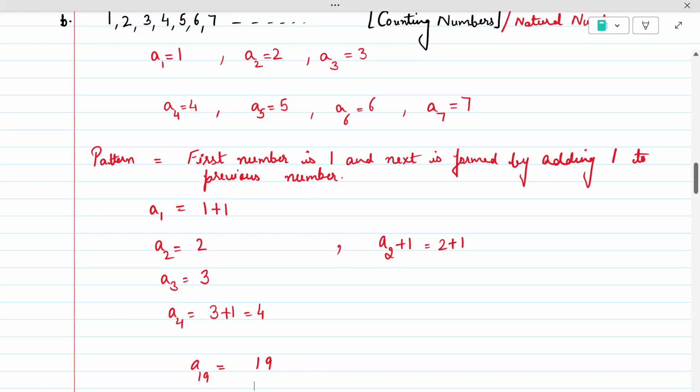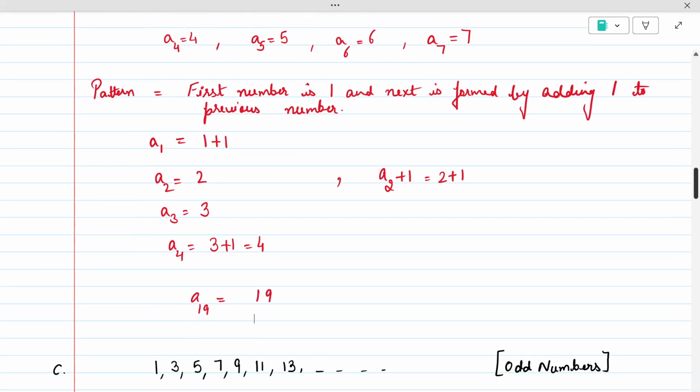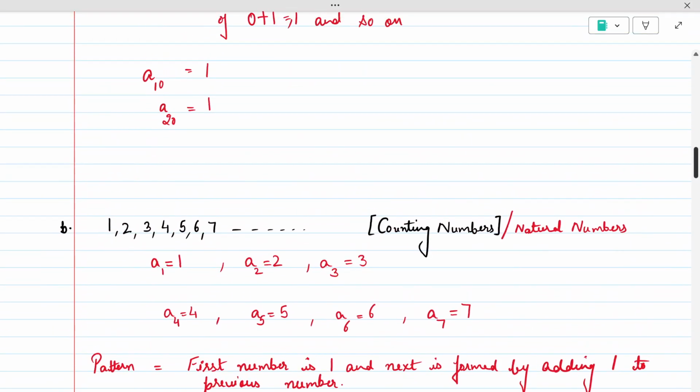Similarly, if I ask you what is present at A45, again 45 would be present. At that position, that number would be there because it is simple counting. It is the simple counting numbers, 1, 2, 3, 4 and all.